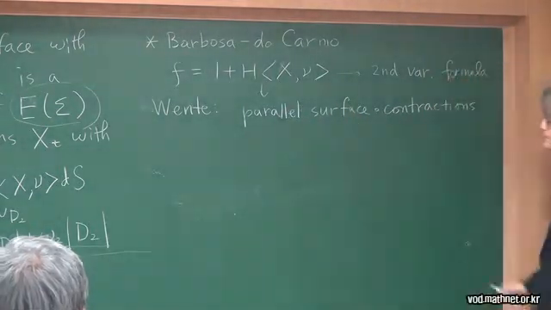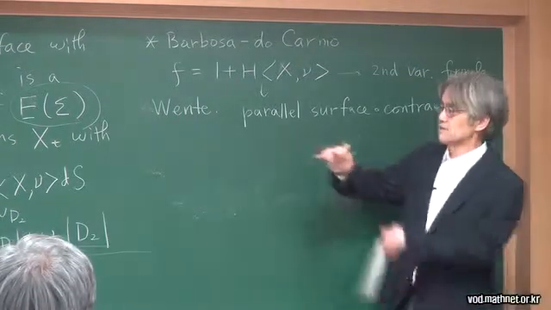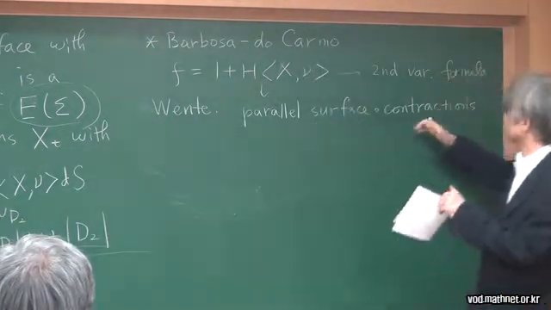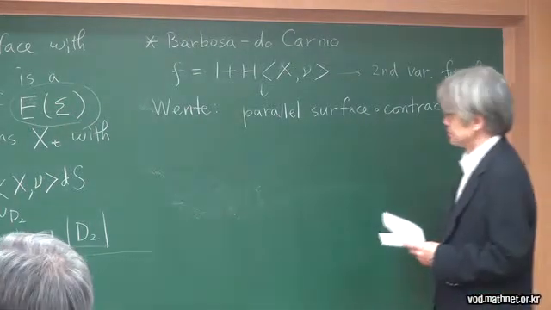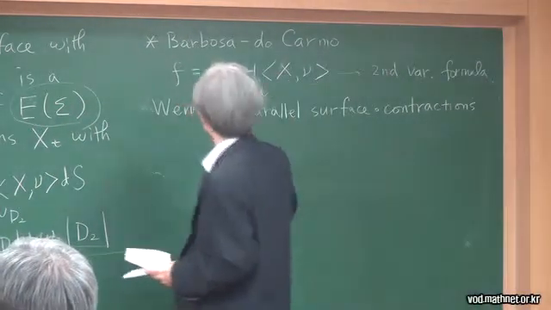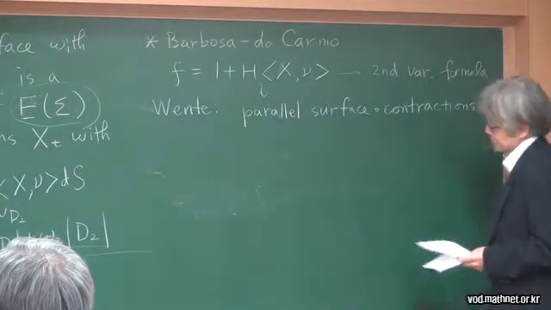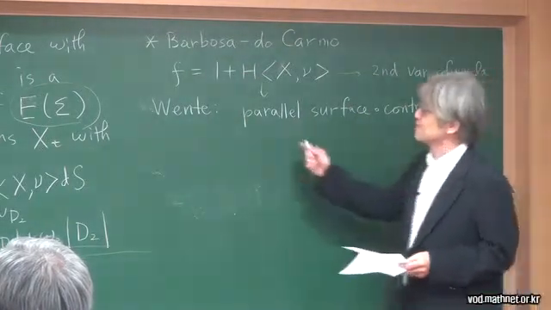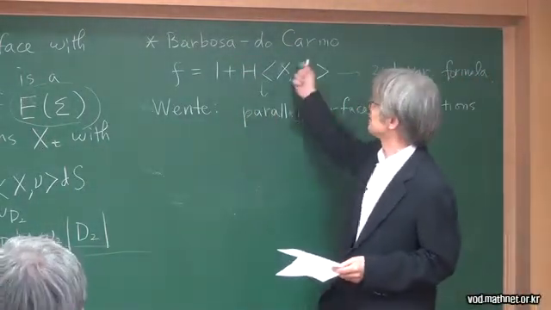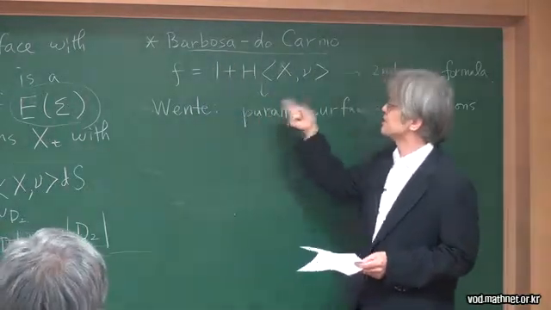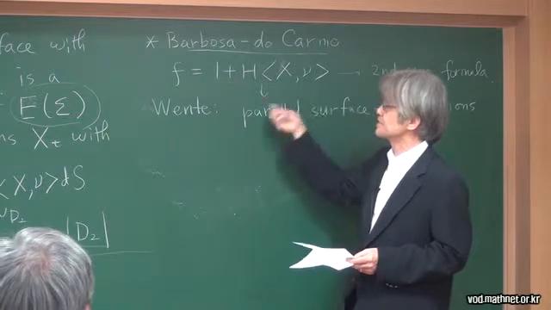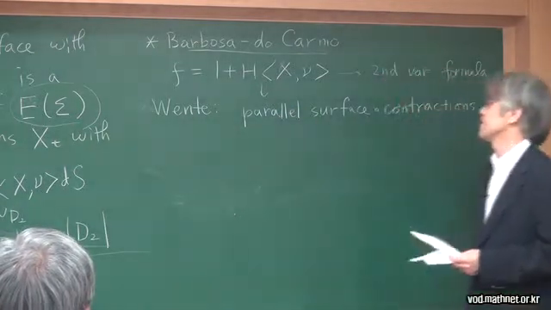It's a combination of parallel movement and contraction. With this geometric observation, Ventura gave a very simple proof of Barbosa and do Carmo's result, that every embedded stable CMC surface is round.